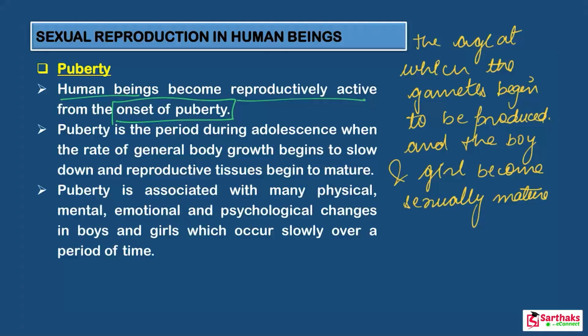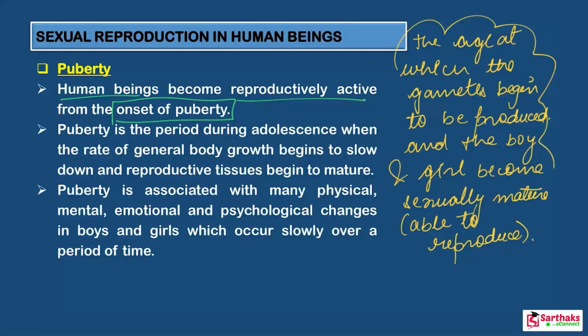Sexually mature means able to reproduce. Got it? We call it puberty. Just for your information, write down that this is the definition of puberty. And puberty tends to start earlier in females.